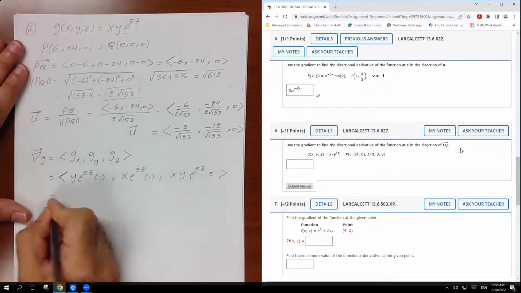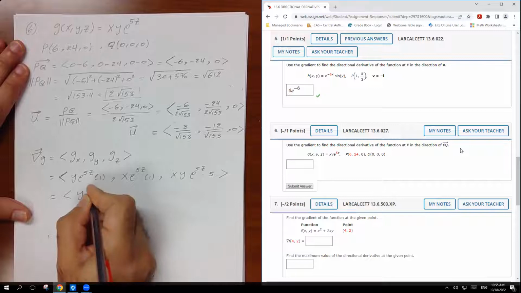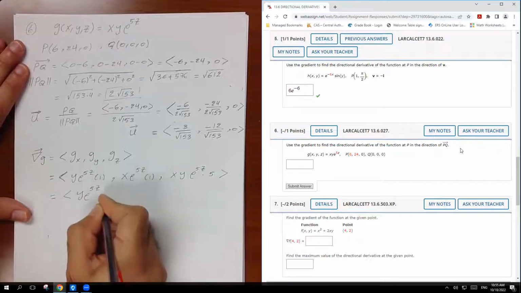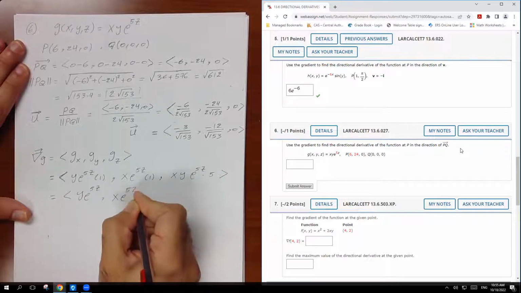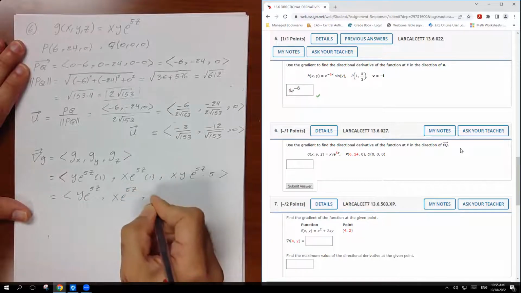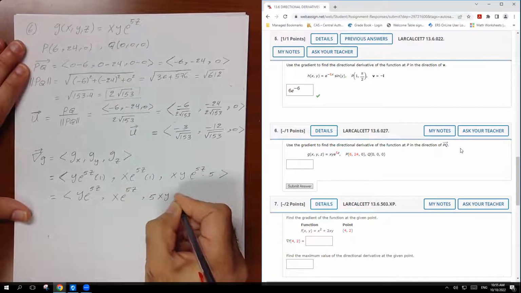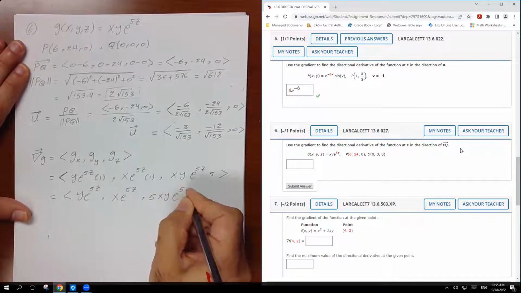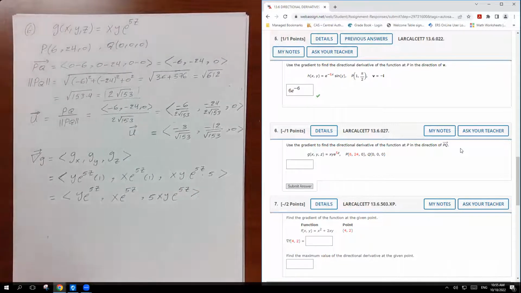That means this one is going to be y e^(5z), x e^(5z), and here is going to be 5xy e^(5z). So we're done. We found the gradient.